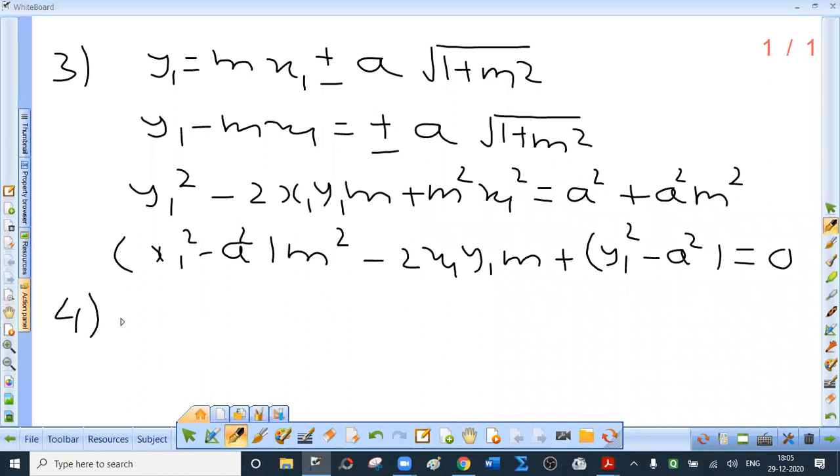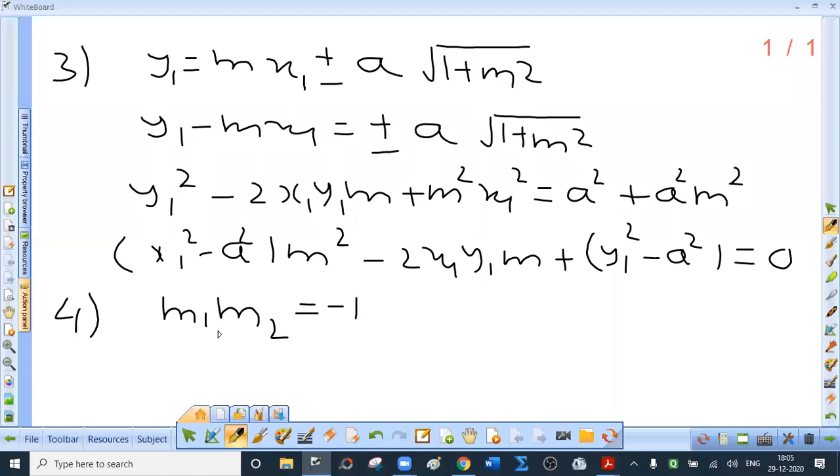Fourth part, to find the locus of points from which tangents to the standard circle are at right angles. Suppose two tangents can be drawn, means roots of this quadratic equation are real and distinct. If tangents are at right angles, what can you say about product of their slopes? -1.